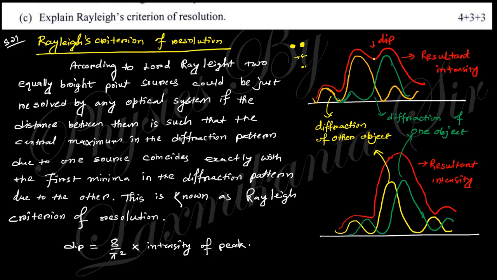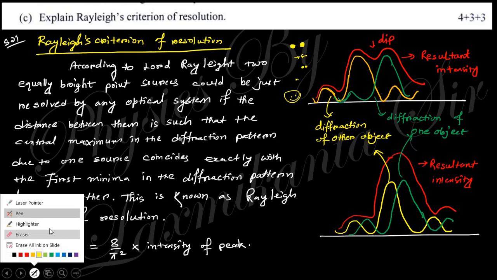If this dip arrives, then you can distinguish these two particles, but when they are closer, their diffraction patterns are superimposed, then what happens, you will get a single particle. So if you just take these two points on a paper, and observe from a far distance, you can see this is a single point.